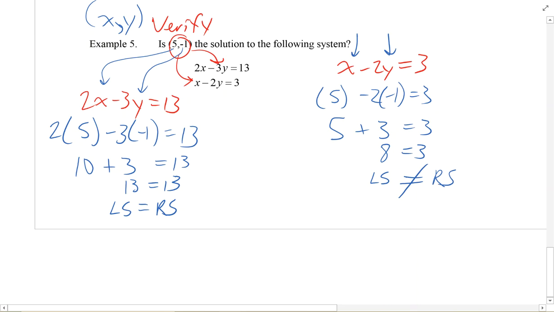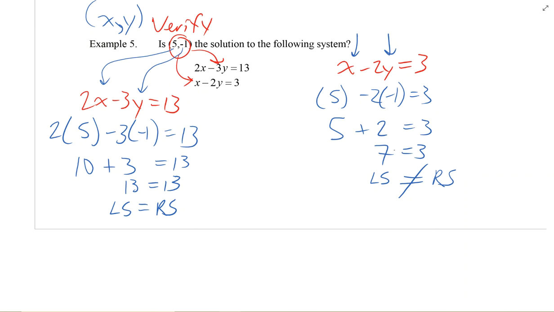How do you get a negative 2 and then negative 1 and then equal 3 by 2, right? Oh, you're right, thanks. I added there, didn't I? There you go. So 7 equals 3. Is that a true statement? No, left side doesn't equal right side.